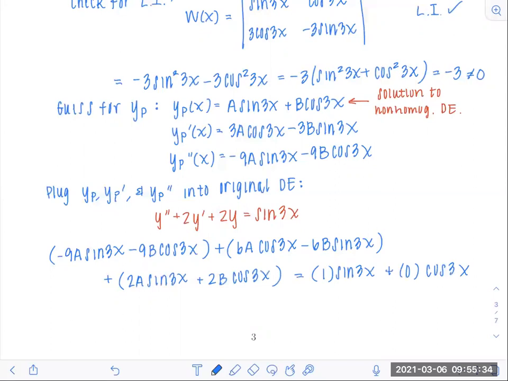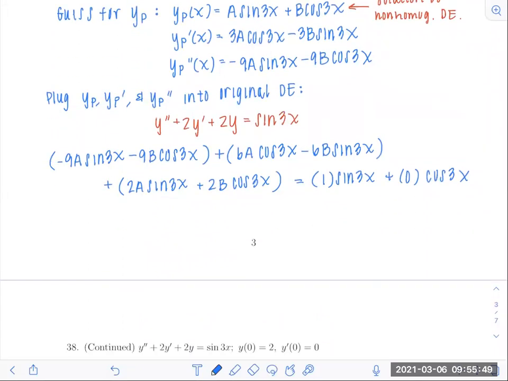And then similar to what we did in the previous example, where we were equating coefficients of like terms, namely the x squareds, the x's, and the constants, here we're just going to equate coefficients of sine of 3x and cosine of 3x. So let me do one step further here to combine all of the sine functions, and similarly for the cosines.